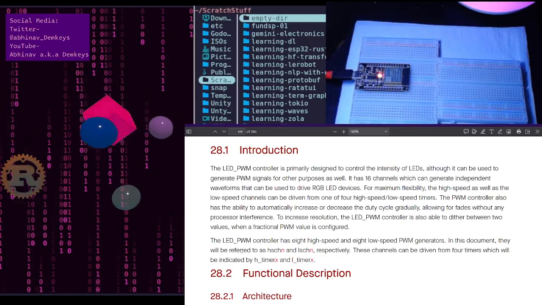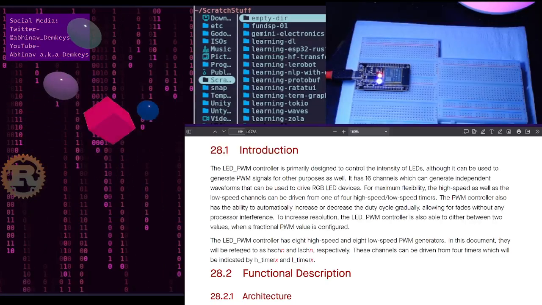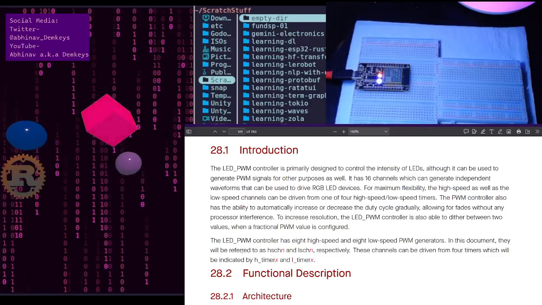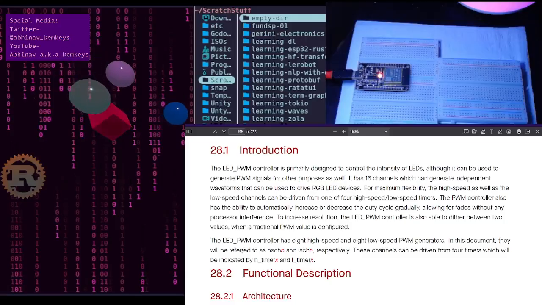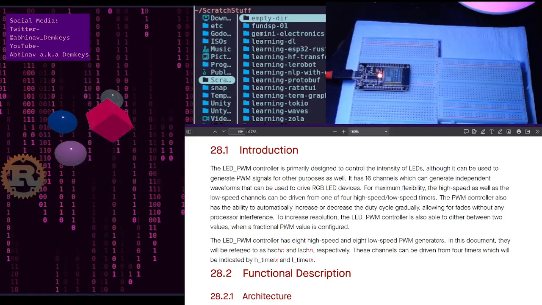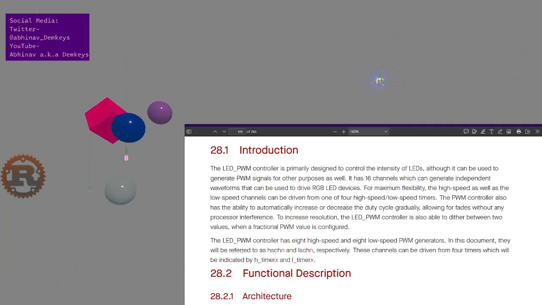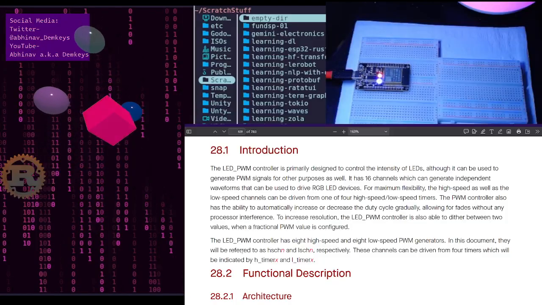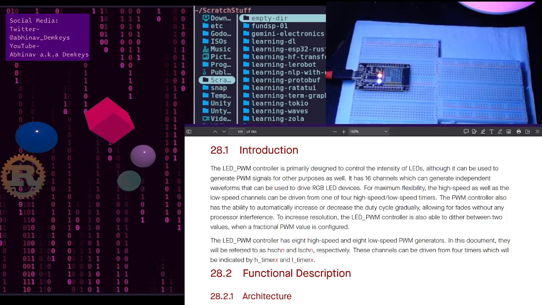Okay, it has 16 channels which can generate so and so. For maximum flexibility, the high speed as well as the low speed channels can be driven from one of four high speed/low speed timers. The PWM controller also has the ability to automatically increase or decrease the duty cycle gradually, allowing for fades without any processor interference.